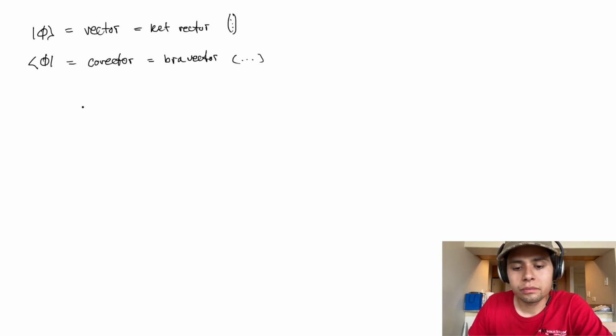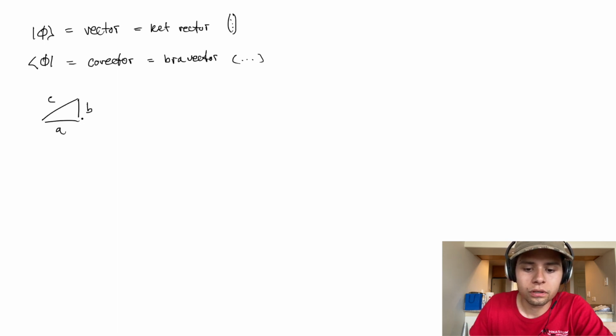And if we remember the Pythagorean identity, we have some triangle. This is A, this is B, and this is C, where each one of these is the magnitude of each side.